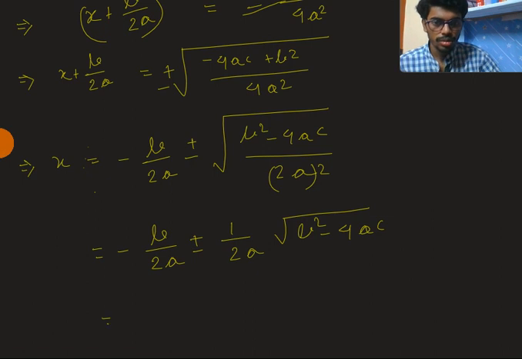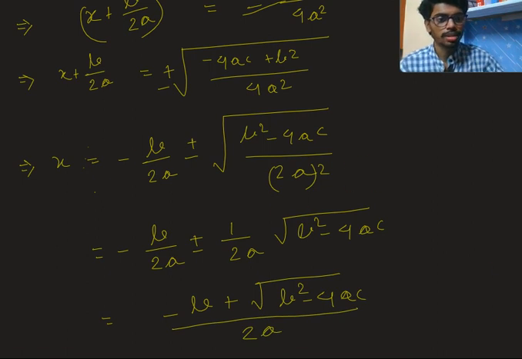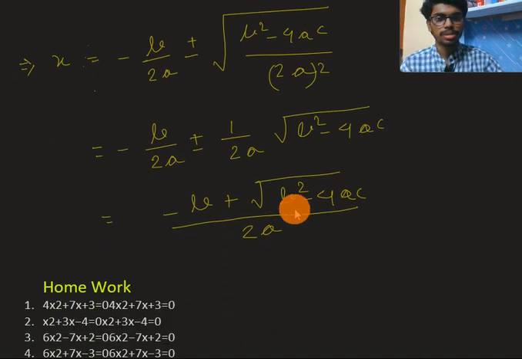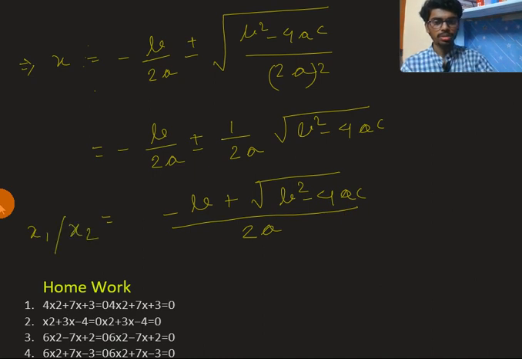So what we have got is minus b plus minus whole root of b square minus 4ac by 2a. This is nothing but our Sridhar Acharya's formula. You see, this is nothing but Sridhar Acharya's formula. It is x1 or x2 equal.